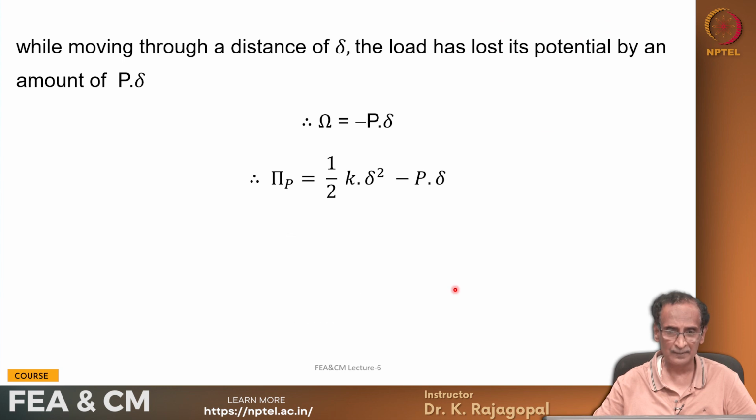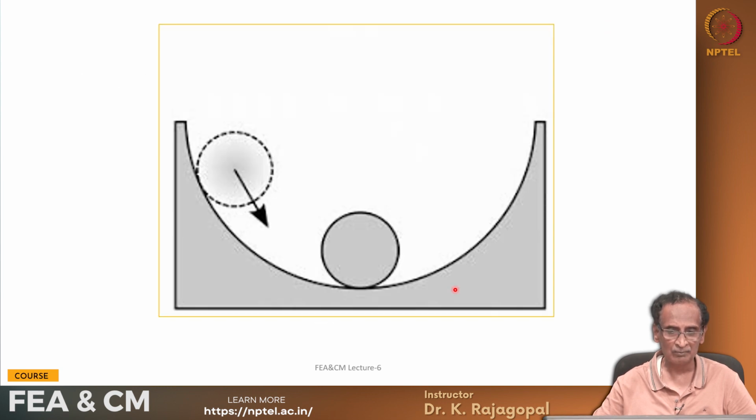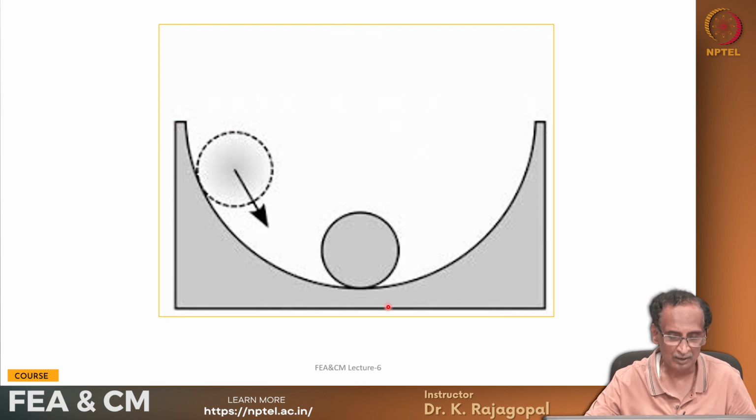and we can illustrate this with a simple example that all of you must have studied in your first year mechanics course. Let us say you have a marble in a round container. If you drop a marble here, it will just go on rolling and rolling until it comes to the bottom, and it is not stable here because it can roll.